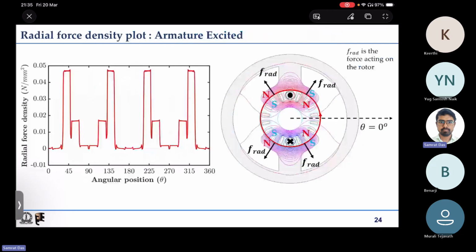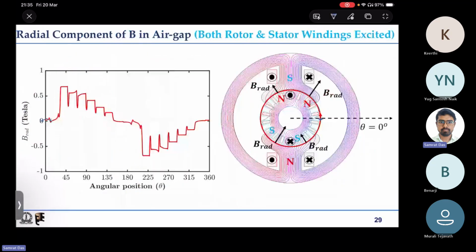Now if I go back to the radial flux density picture, so 0.4 is this. So earlier flux density was somewhere here. That was the radial component of flux density when only stator was excited.